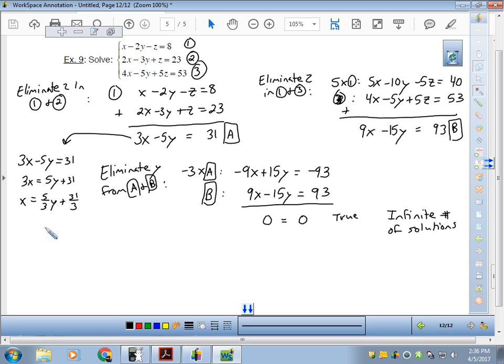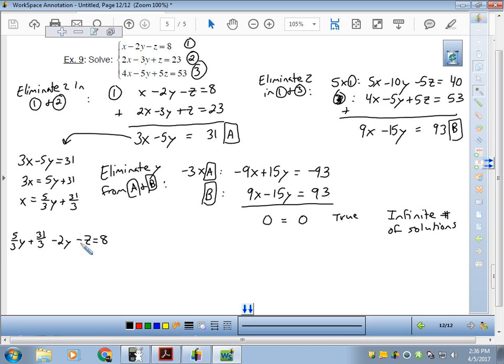Okay. Take that, plug it in here for the x. Okay, so I'd have 5/3 y minus 2y minus z. Oops, sorry, I forgot something, didn't I? 5/3 y plus 31 over 3 minus 2y minus z equals 8. And then what we want to do is solve this equation for y.